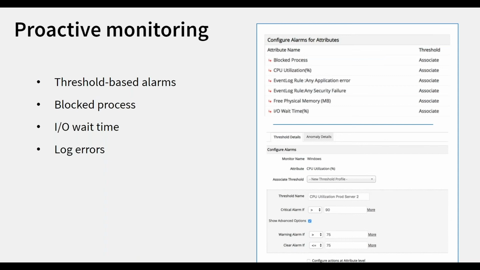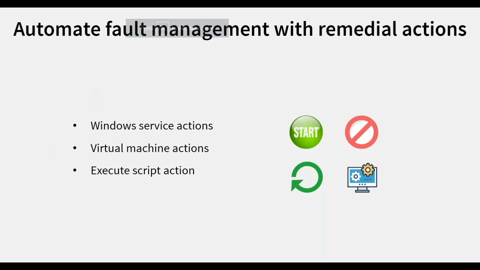For example, different attributes comprise different servers or applications. Let us take a simple example of, say, blocked processes or the IO wait time, as you can see on your right, the different alarms. Based upon the severity or criticality of these parameters to your organization, you can set an alarm. You can have this alarm send you an automated notification or execute your own automated actions.